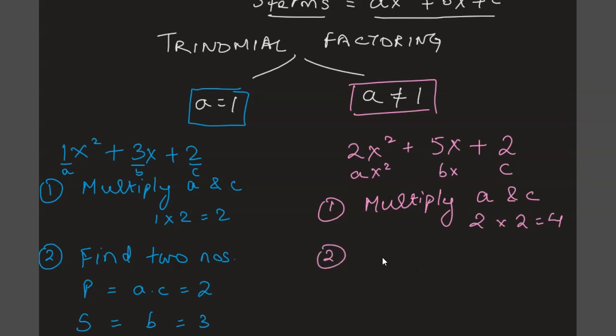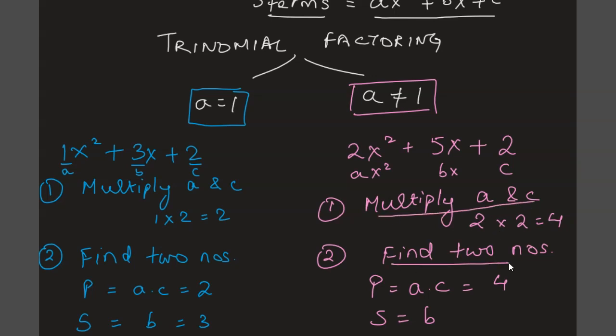The next step is to find two numbers that give me a product of AC. In this case, the product of AC is 4, and a sum of B. So these are all my general steps: two numbers that give me a product of AC and a sum of B. These general steps are going to be similar for both when a is equal to 1 or a is not equal to 1.